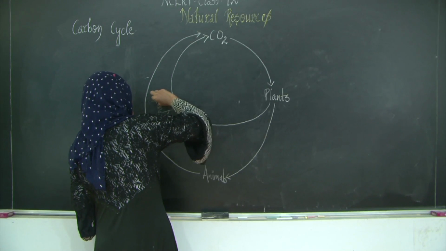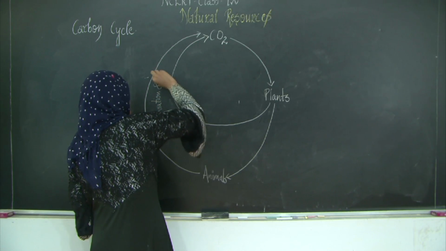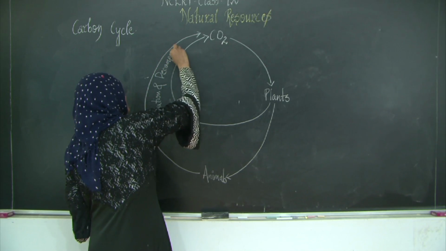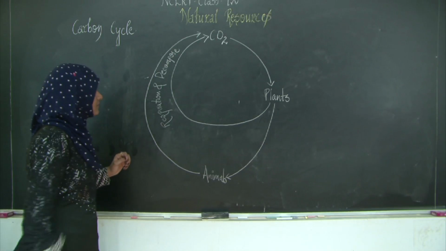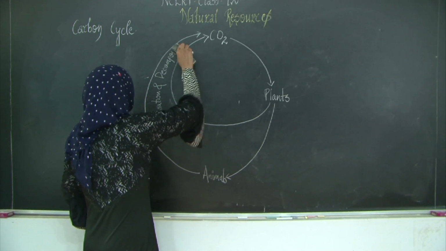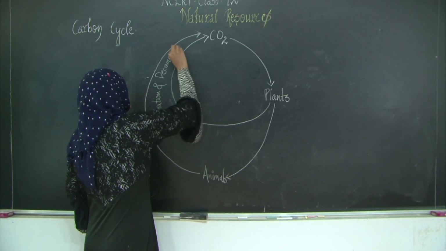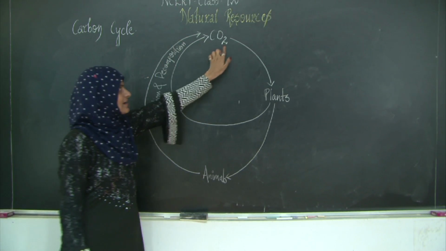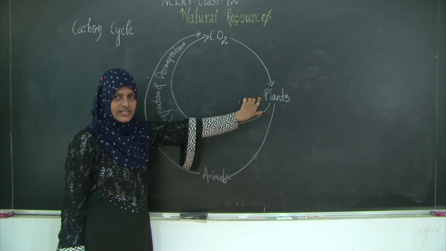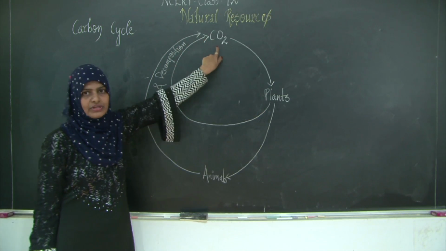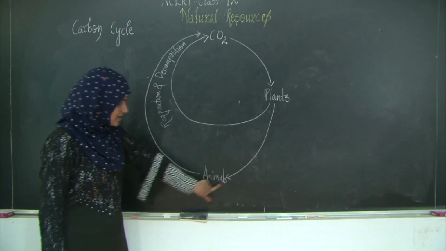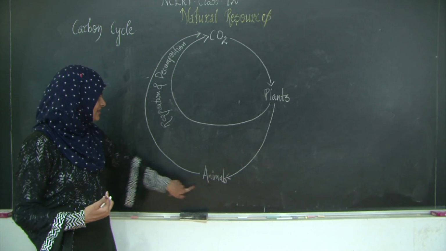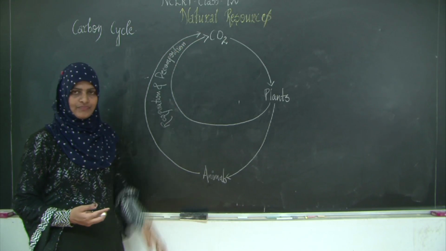And even their decomposition, whenever they decompose, they release carbon compounds. So this is one of the ways: the plant will take in for photosynthesis during daytime, and at night time they will give out during respiration. These plants are eaten up by animals, but the animals take only oxygen. We studied that in the oxygen cycle, and they give out carbon dioxide again, right.